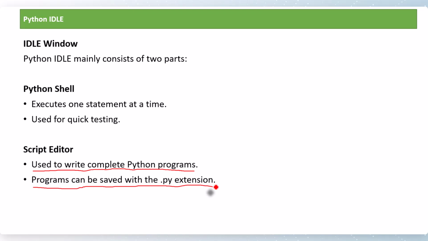You have to write the file name, the program name, with .py as an extension. So you can write and execute a single statement using the Python shell. You can also write a very big program and save it. Later you can execute it with the help of the script editor.